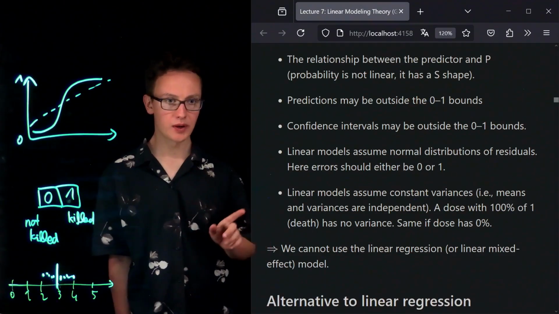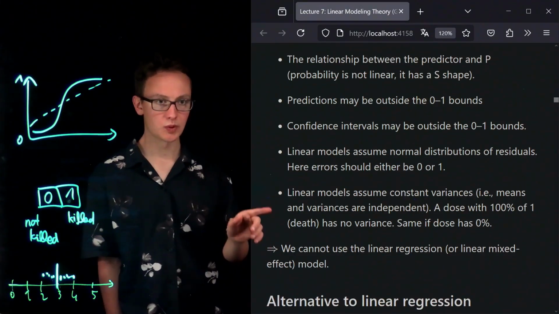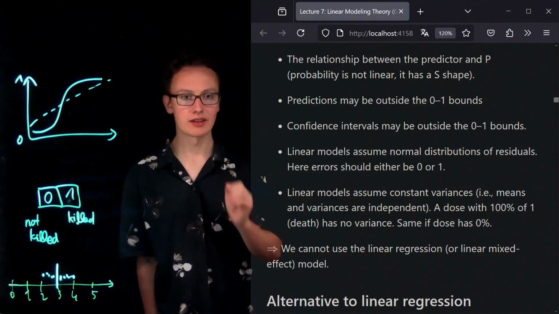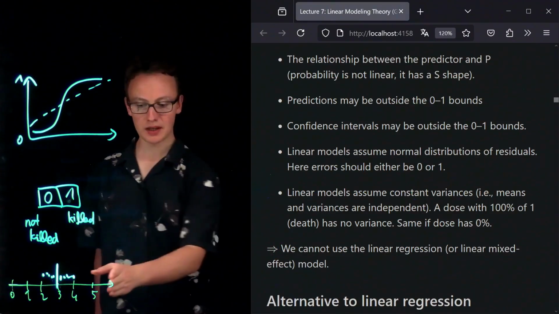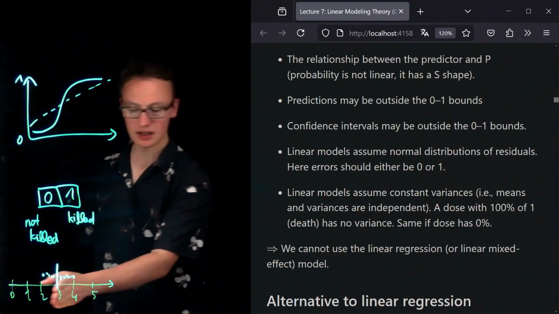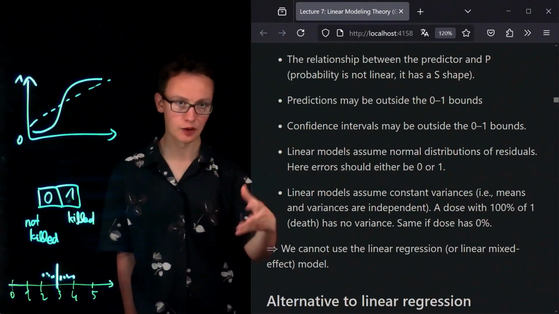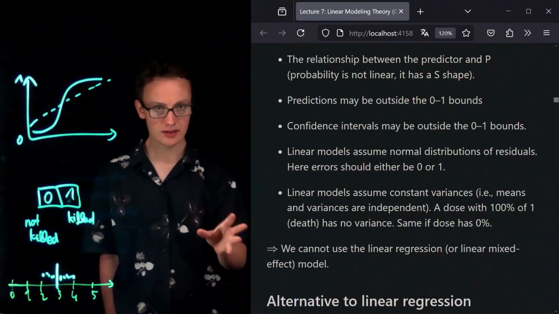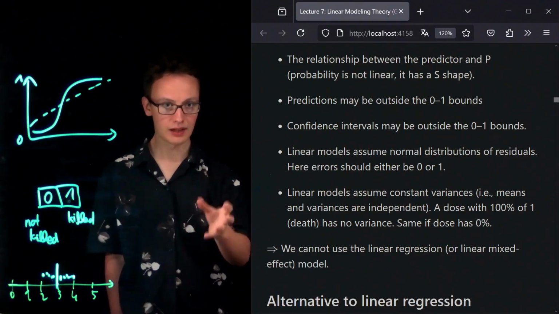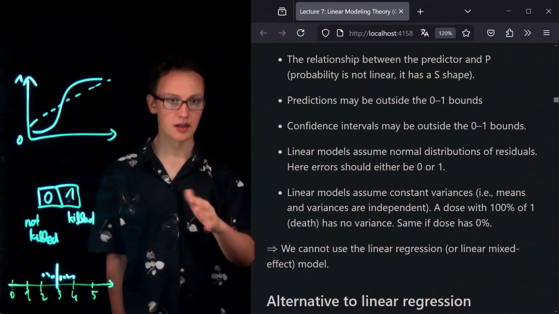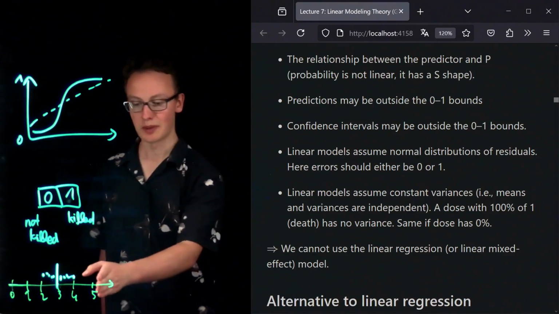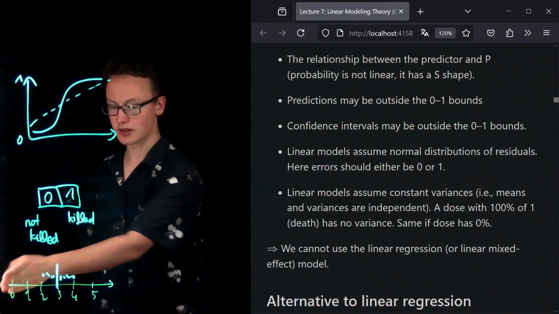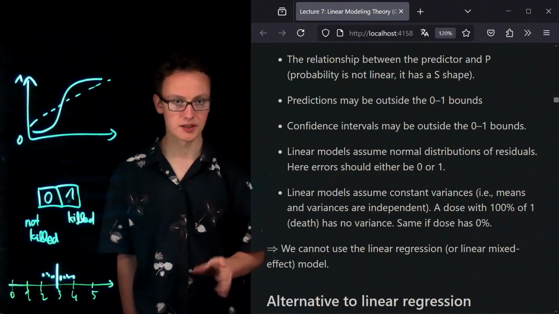A related point is that linear models would assume constant variances, meaning that no matter where I am exactly on my scale of my dependent variable, the linear model would assume that the variance around the predicted value would always be the same, right? No matter whether I'm here or here or here, the variance would stay constant.